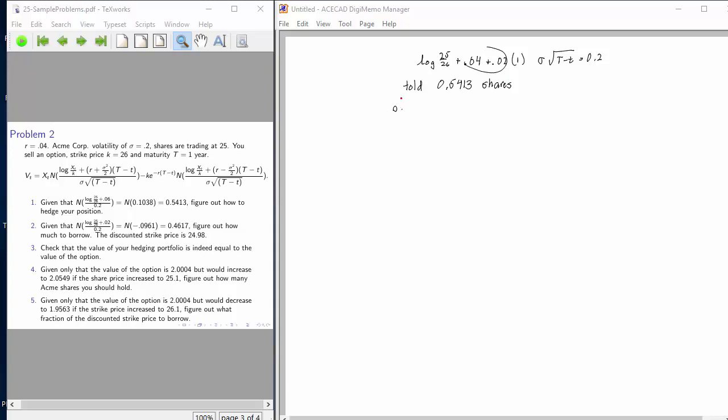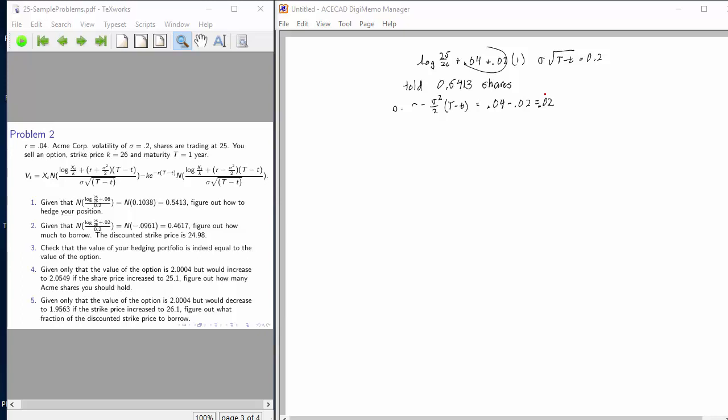Next, when we calculate r minus sigma squared over 2 times T minus t, we get 0.04 again, this time minus 0.02, or 0.02, and that's why I give you the value of the log of 25/26 plus 0.02 divided by 0.2.